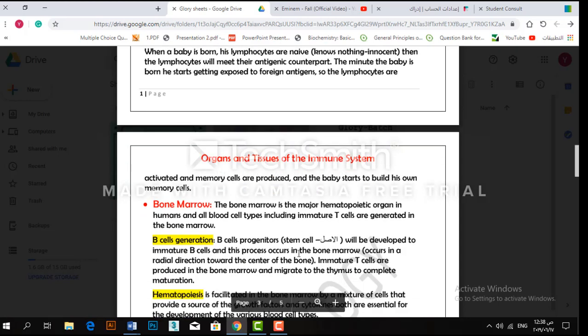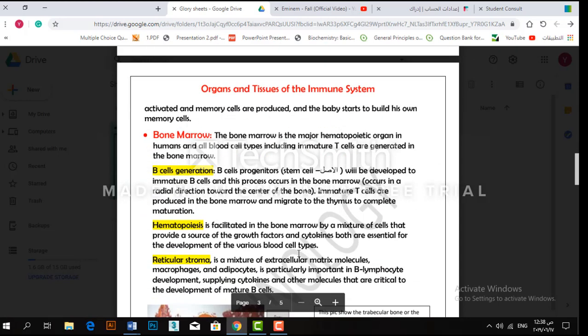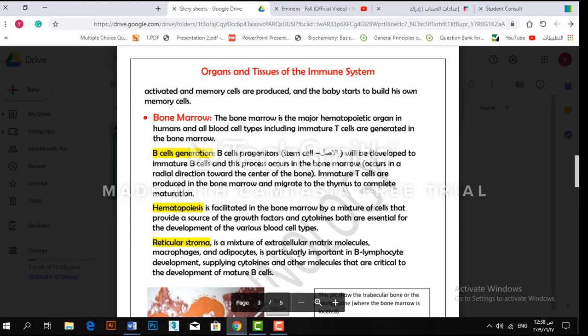Now let's start with the bone marrow. Now bone marrow is the major hematopoietic organ in humans, and all blood cell types, including immature T cells, are generated in the bone marrow. Now, T cells actually are produced by the bone marrow, but then they will migrate to the thymus.